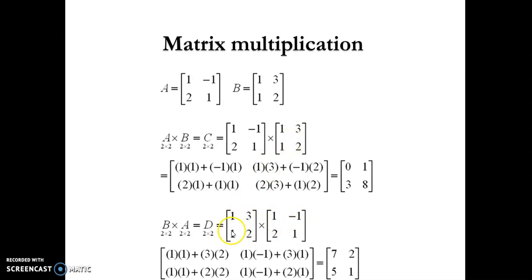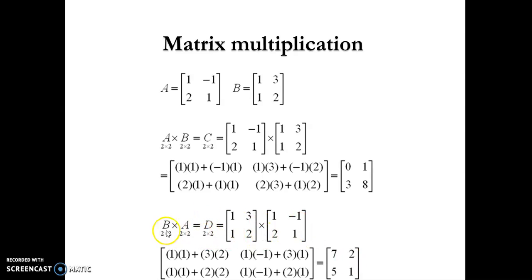We first have matrix B and then we have matrix A, but it is not going to yield the same answer. These two answers are not the same. Matrix C is not equivalent to matrix D. So this just proves that the commutative law does not apply with matrices, only with some few exceptions.